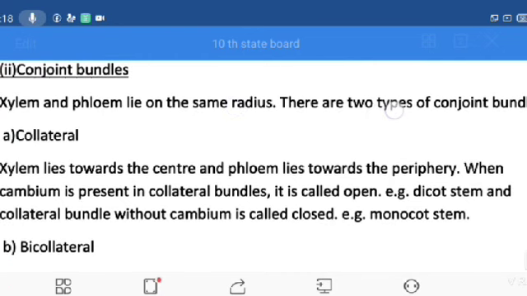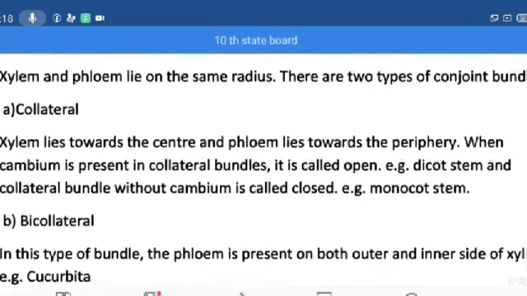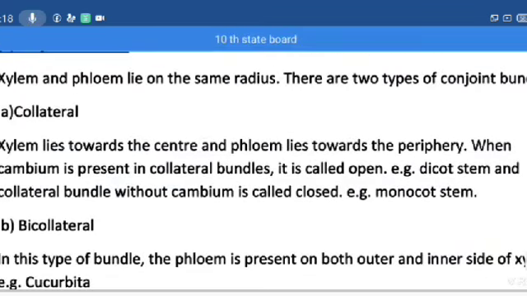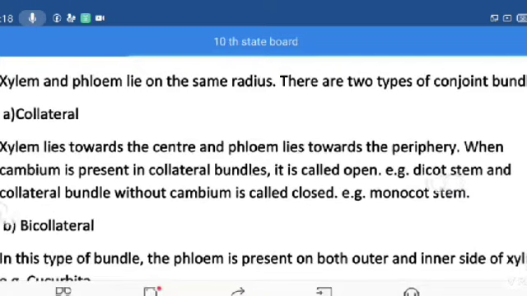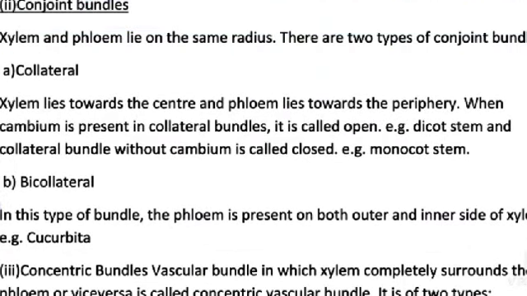There are two types of conjoint bundles. Collateral: xylem lies towards the center and phloem lies towards the periphery. When cambium is present in a collateral bundle, it is called open. Example: dicot stem. A collateral bundle without cambium is called closed. Example: monocot stem.